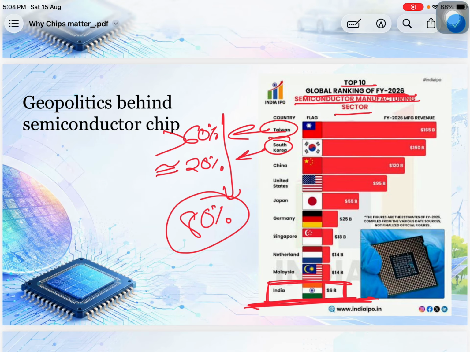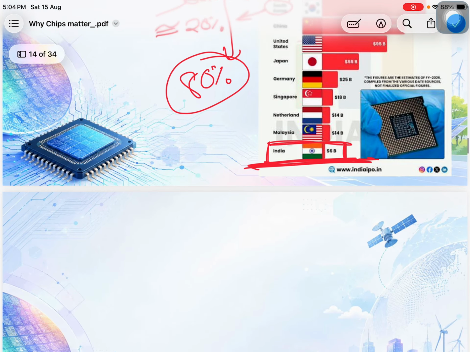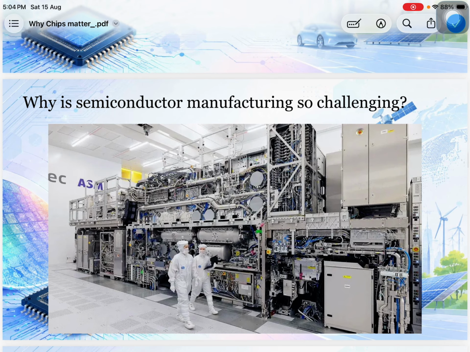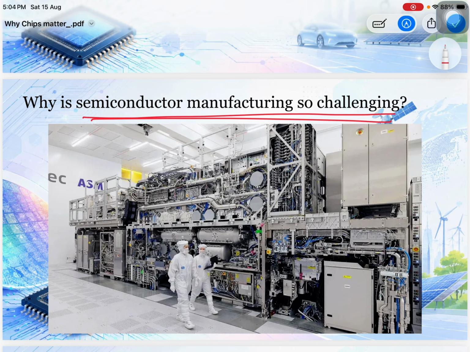Moving further, understanding the geopolitics behind the semiconductor industry, this is one thing which makes us think why semiconductor manufacturing is a challenging sector. The distribution and supply thing we can discuss later, but why manufacturing of a semiconductor is very challenging.